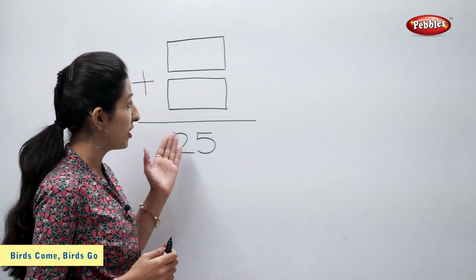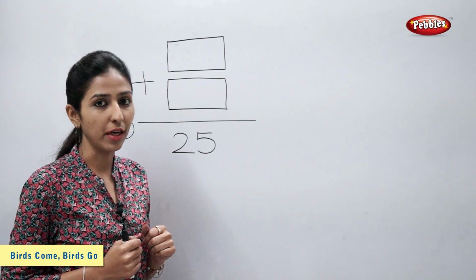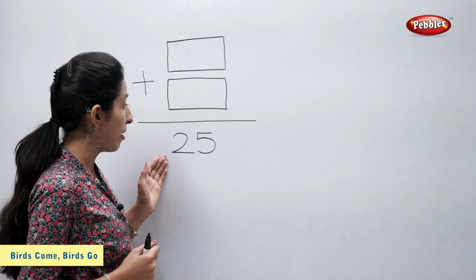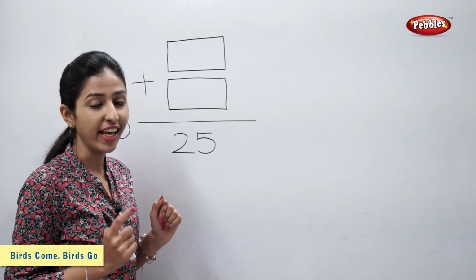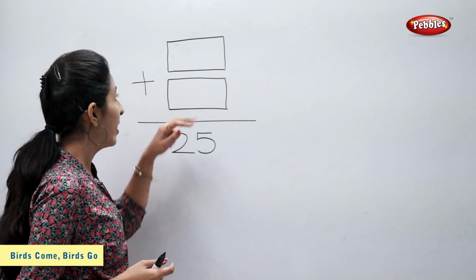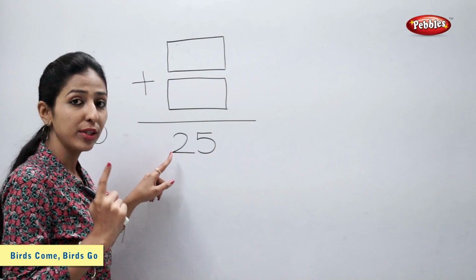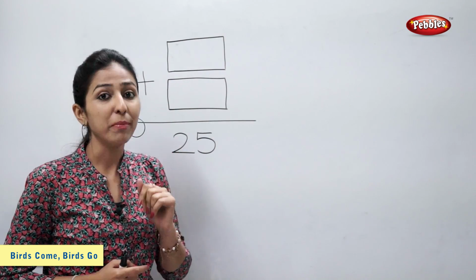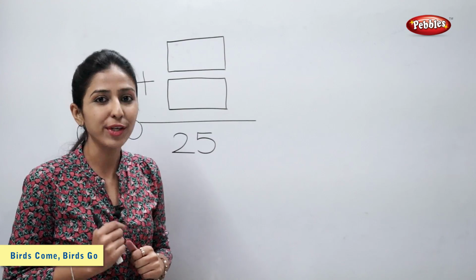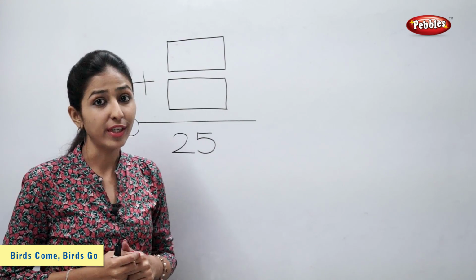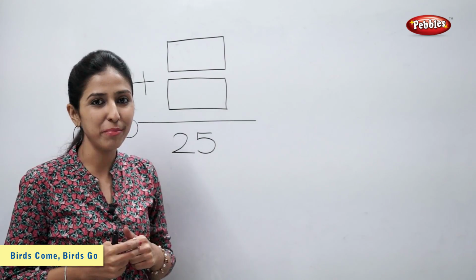Students, here we have a different kind of sum. We already have the answer 25 and we have to find two numbers, addition of which is 25. Remember students, to get a particular number, we can use a combination of various numbers.